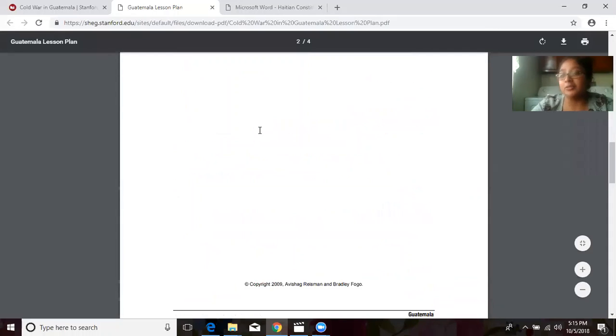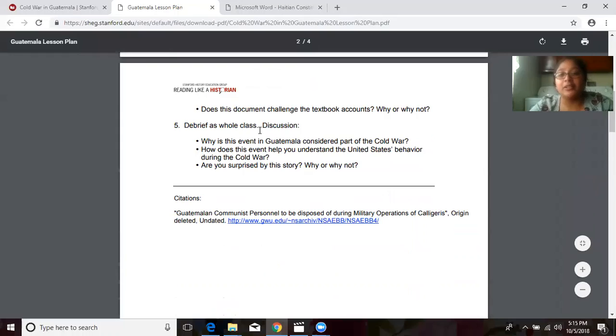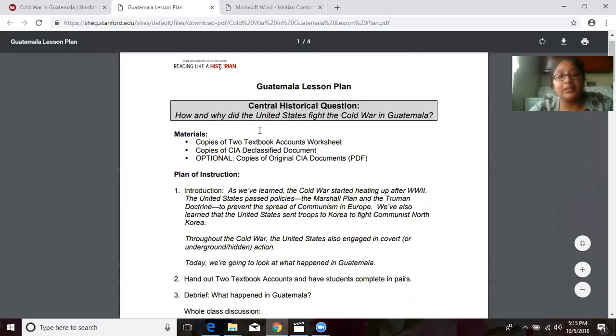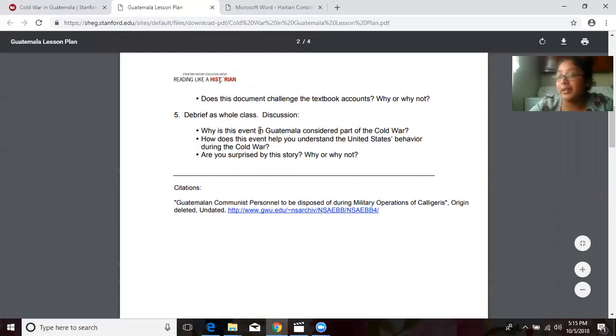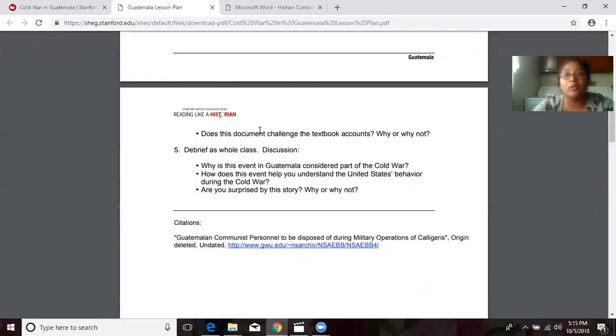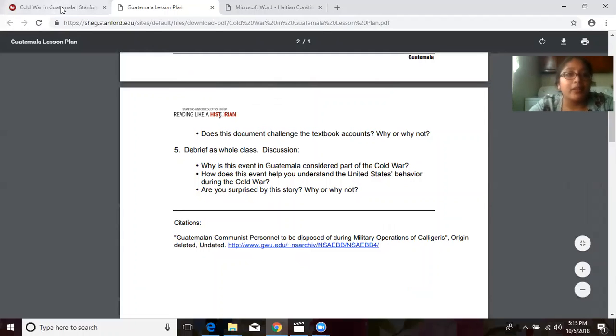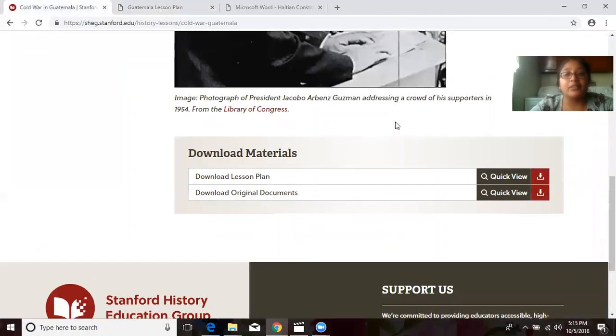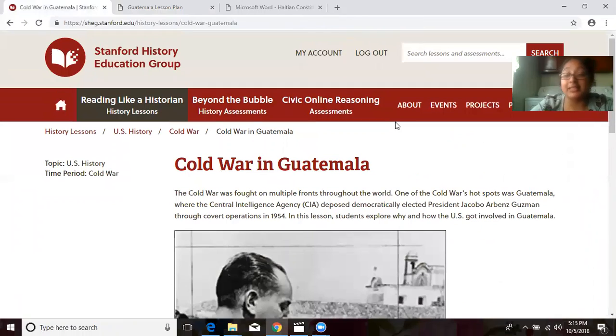Just by briefly looking at this document, this lesson plan is going to make students make connections between the Cold War and Latin America. Did the Cold War appear in Latin America? Why or why not? So this lesson is asking students to make connections.